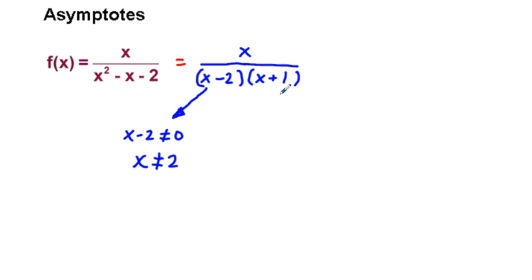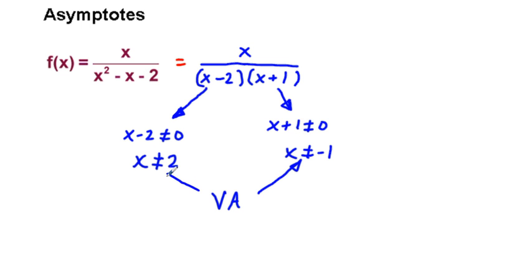That is most likely going to be a vertical asymptote at x equals 2. And likewise, for this factor on the right, we also know that x plus 1 cannot equal 0. And therefore, solving for x, x cannot equal negative 1. So these will represent most likely our vertical asymptotes.